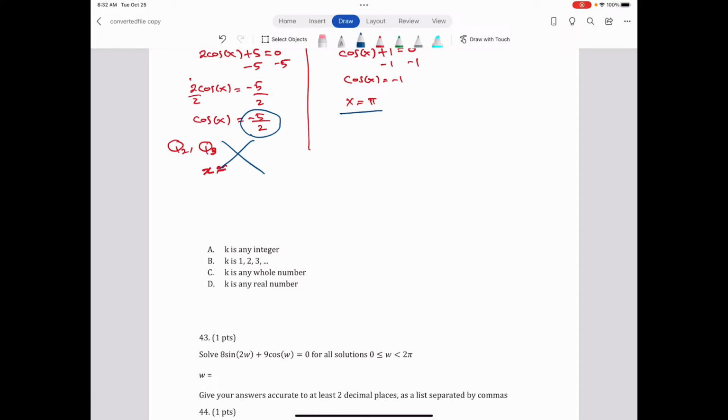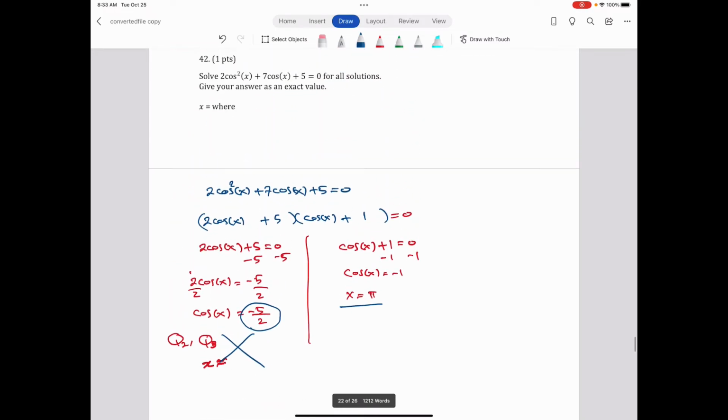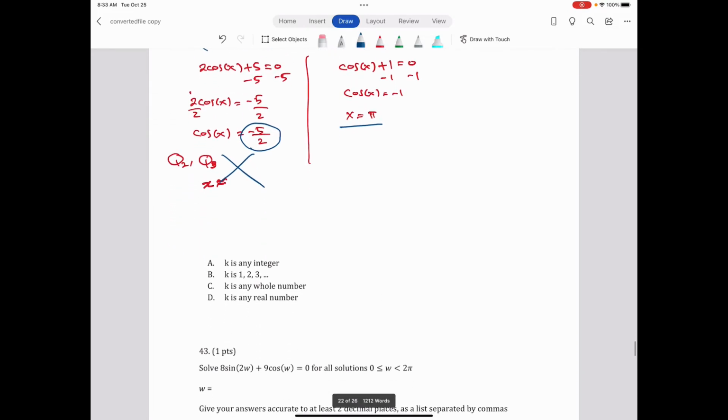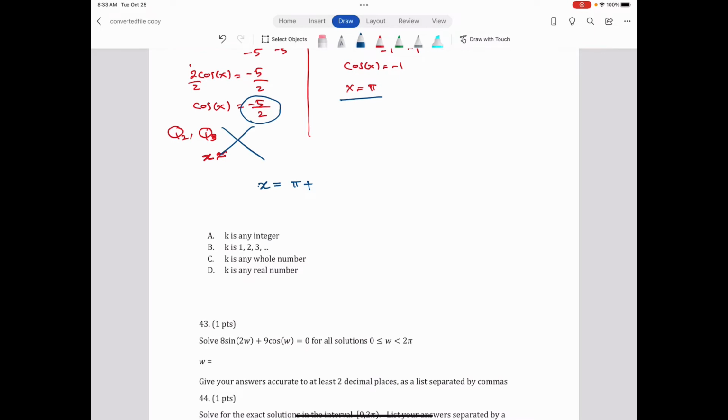So now to answer the question, it says to find all of the solutions. It doesn't give you a specific period. So all of the solutions are pi plus multiples of cycles.